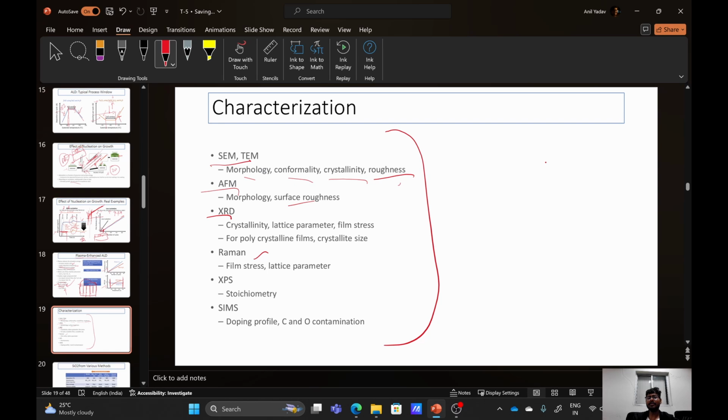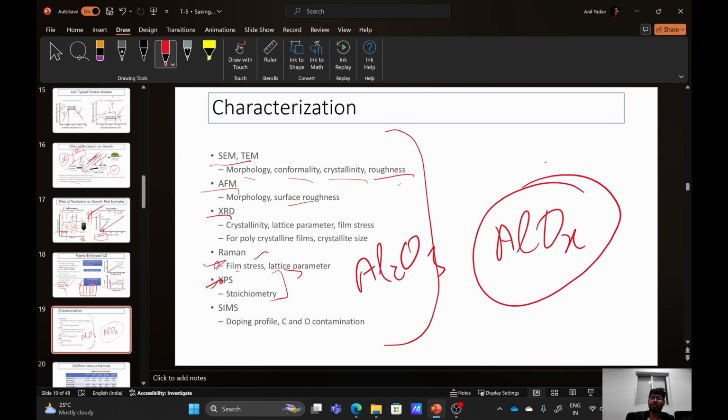And through Raman you can check the film stress and lattice parameters. Film stress comes when there is a lattice mismatch, so through this you can check how much stress there is inside the film. Okay, and with XPS you can check the stoichiometry, if you are depositing Al2O3, whether it is Al2O3 or AlOx.